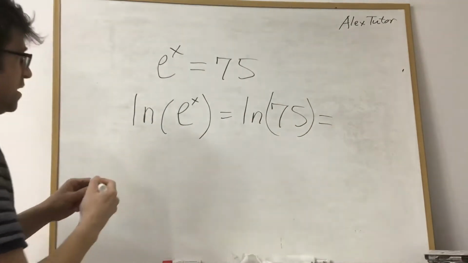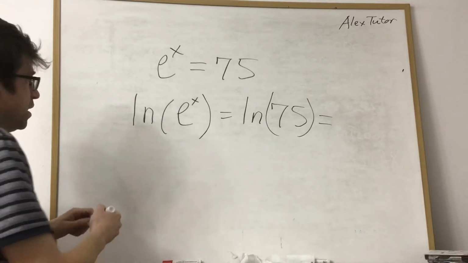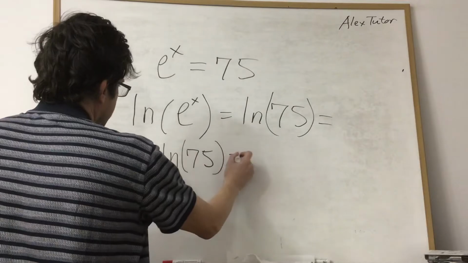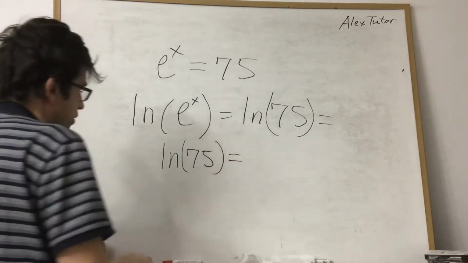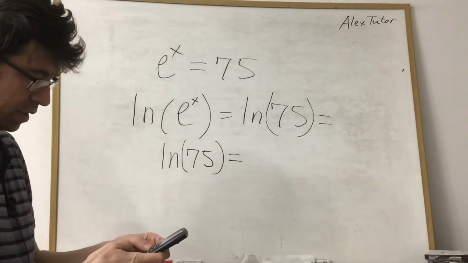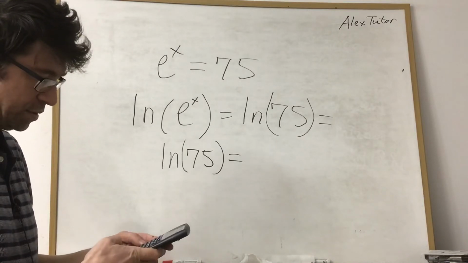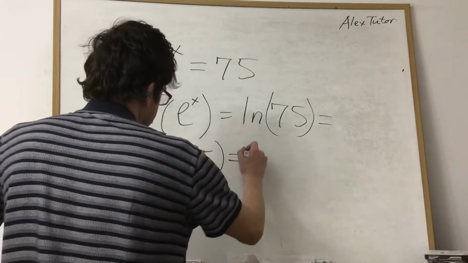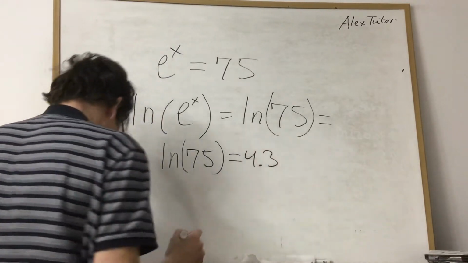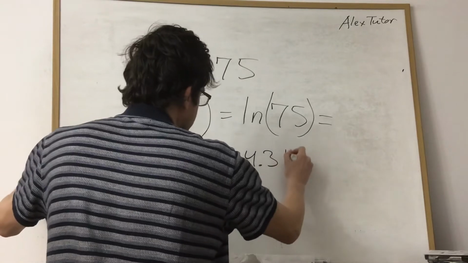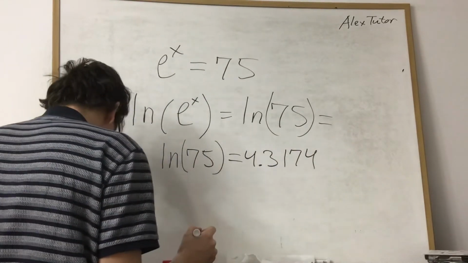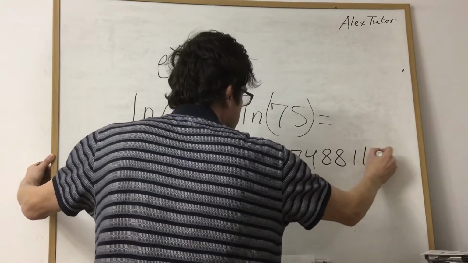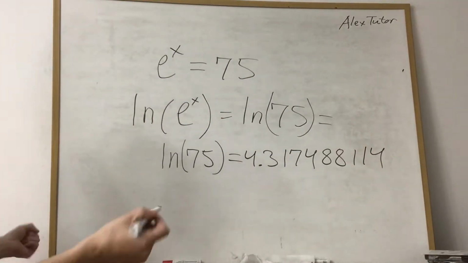How much is ln 75? I can do it with my calculator. ln 75 equals 4.317488114.